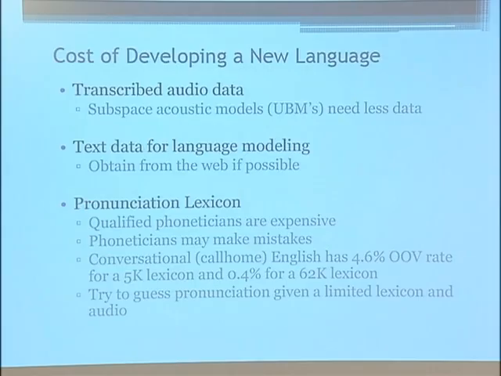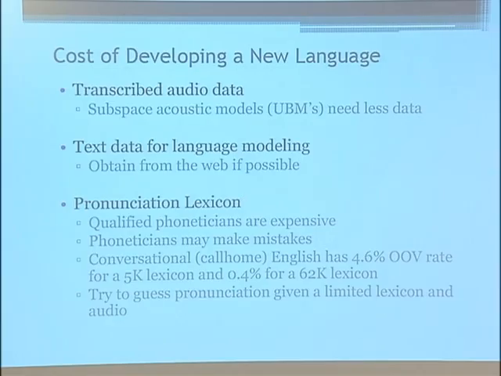Now, if we look at the cost of developing a recognizer in a new language, of course, the biggest cost is transcribing the audio data, and then there is the cost of getting text for language modeling, and the third cost factor is the pronunciation lexicon.